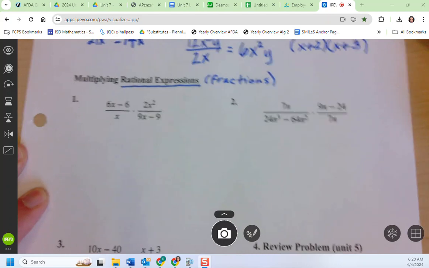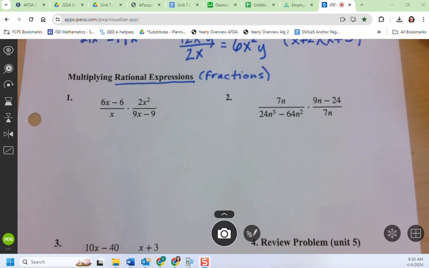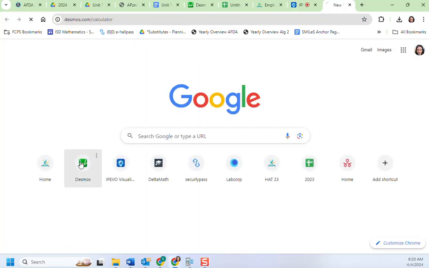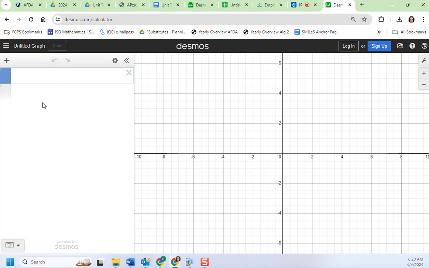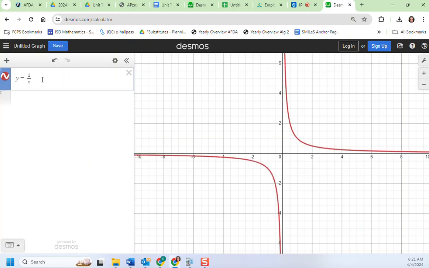Okay? And rational expressions and rational functions, this is a whole different type of graph. It's based off the parent graph, y equals 1 over x. Let's just look at that real quick. We're not graphing today, but it's kind of nice to know what kind of function we're talking about. So this is the parent graph for rational functions. Notice it has 2 branches.